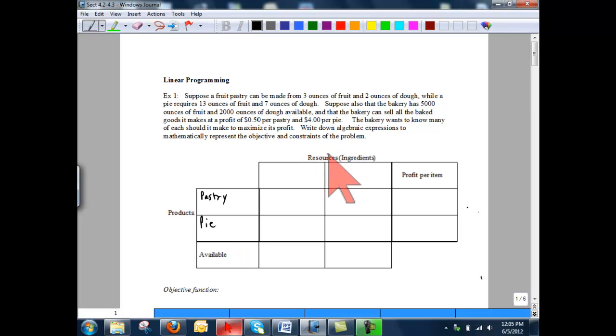For column headers, I've listed resources, or in this case, ingredients might be a more common word. These are your inputs. This is what you have to work with. And the problem mentions that we have a certain amount of fruit available to be used and a certain amount of dough. These are both measured in ounces.